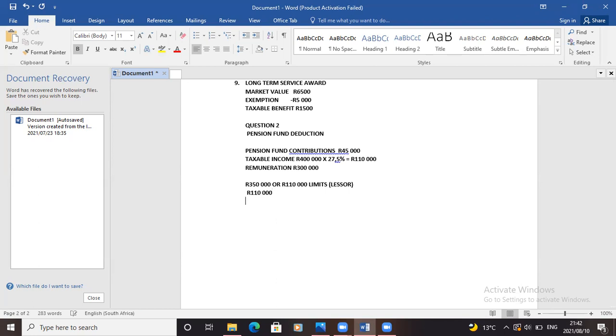So in your taxable income framework, your pension fund deduction is going to be 45,000. I don't know if we are still together. Peter's contributions are fully deductible.